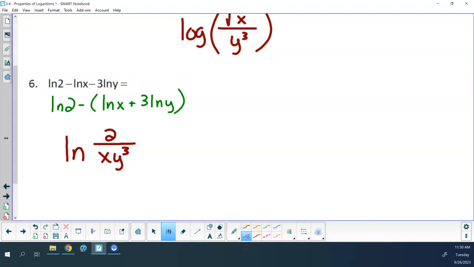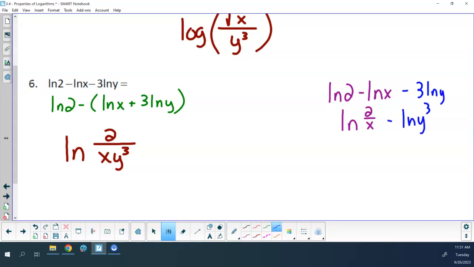So we start back from the start. A lot of people go, oh well, that's the natural log of 2 minus the natural log of x, which is the natural log of 2 over x, right? But then you've still got this minus 3 natural logs of y. So then they give me this.